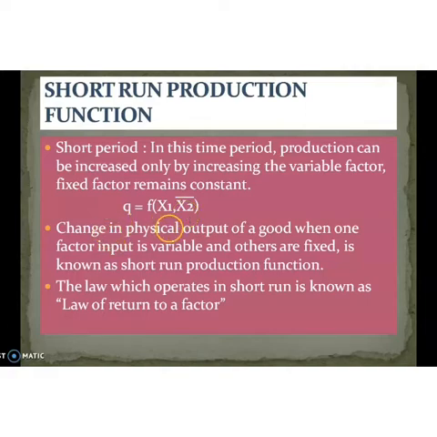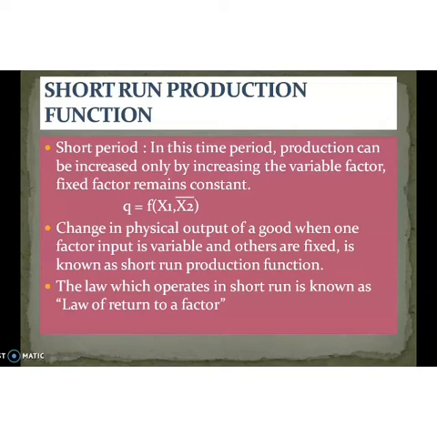The change in physical output of a good when one factor input is variable and the others are fixed is known as the short run production function. So the production function which includes one variable factor and other fixed factors is known as the short run production function or short period production function. It defines the relationship between one variable factor and output.